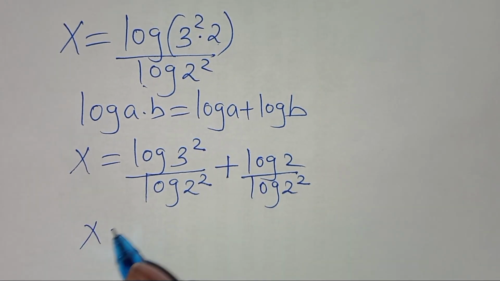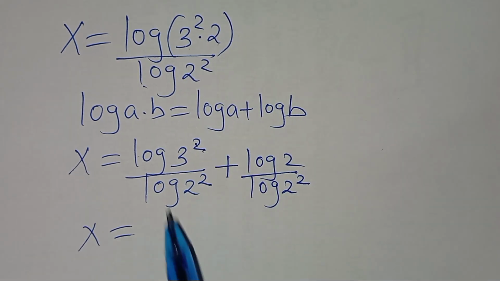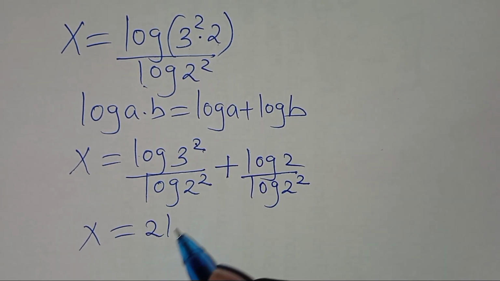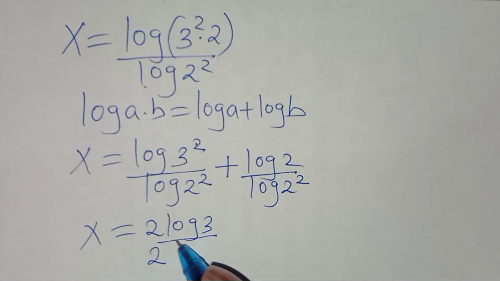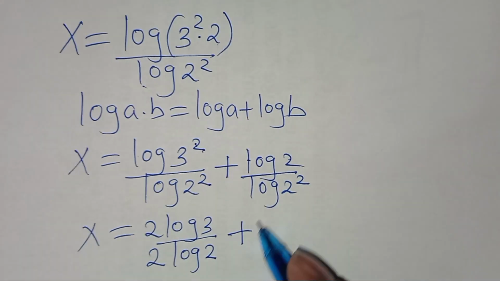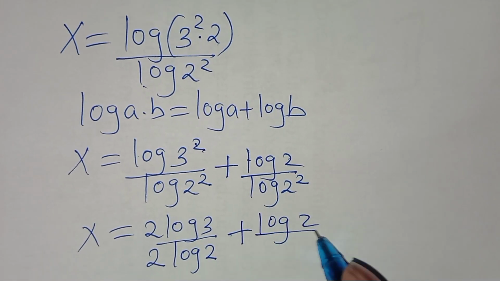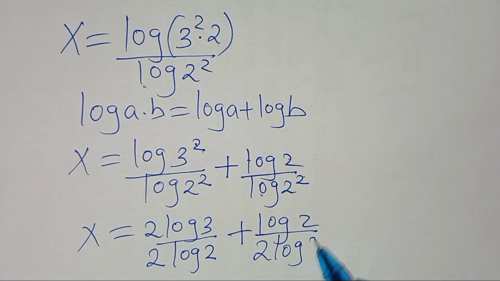So again here, applying the power rule property, log 3 to power 2 becomes 2 log 3 divided by 2 log 2 plus log 2 divided by log 2 to power 2, which becomes 2 log 2.